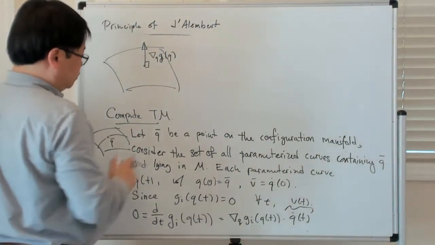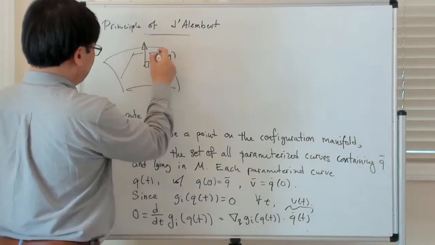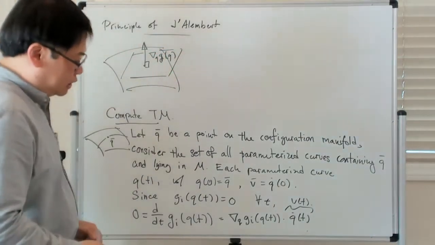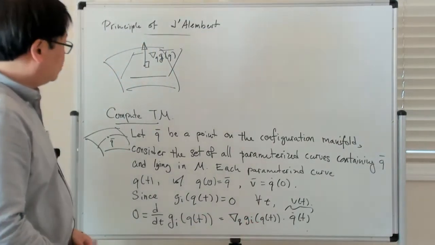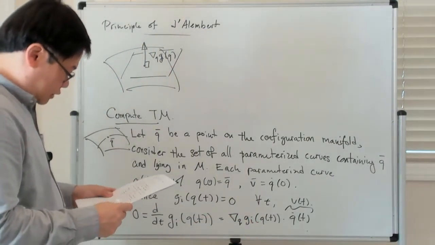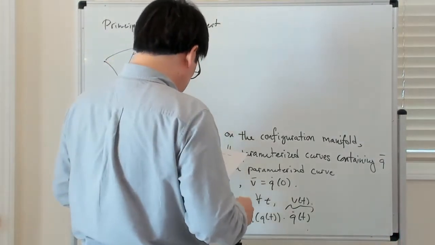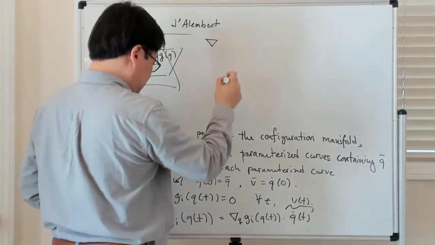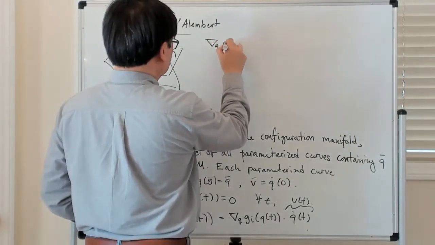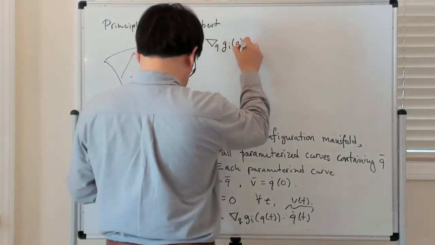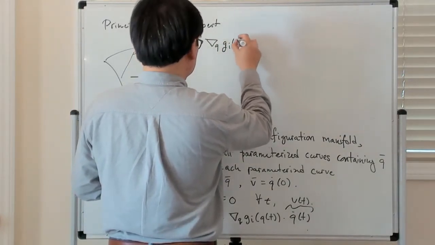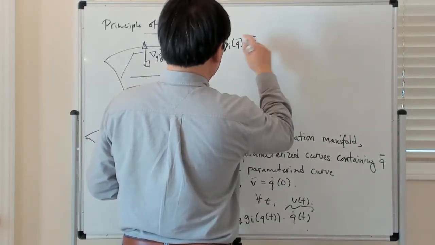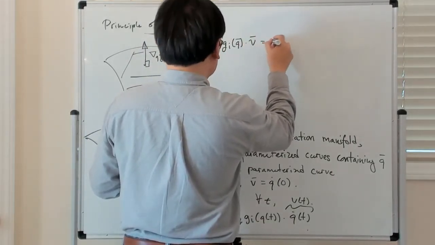So if you want the tangent to that, you have to be perpendicular to the gradient of the constraint function. That's what you might expect. So this implies that the gradient of g_i at Q bar, dot product with V bar, is equal to 0.